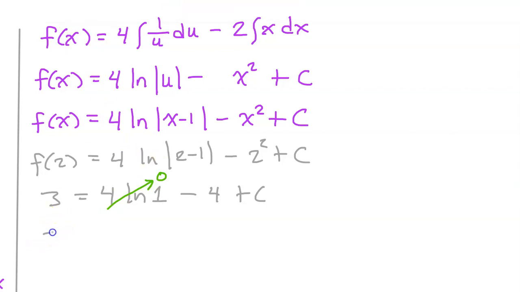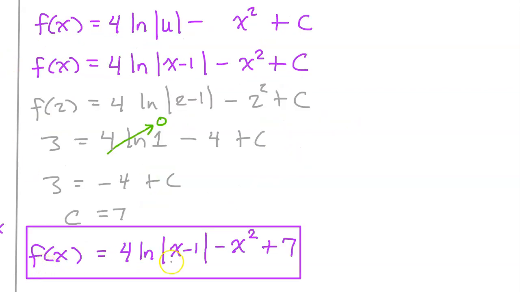So now we have 3 is equal to negative 4 plus c. Adding 4 to both sides, we have c is equal to 7. Let's substitute 7 back in for c right here. So this is the solution to the differential equation.